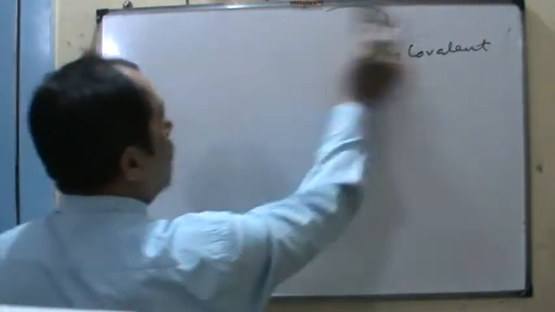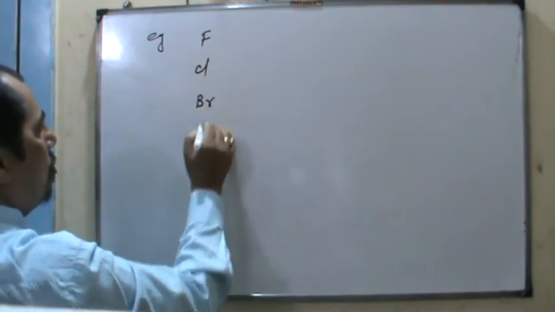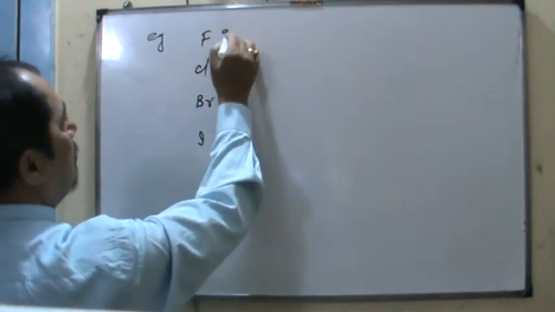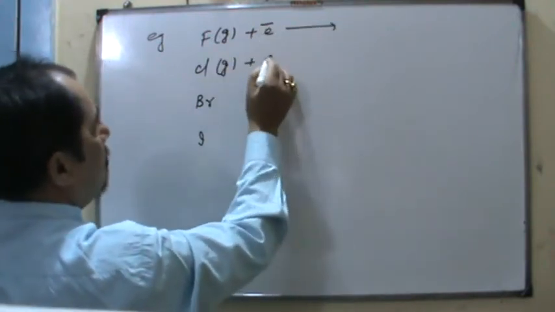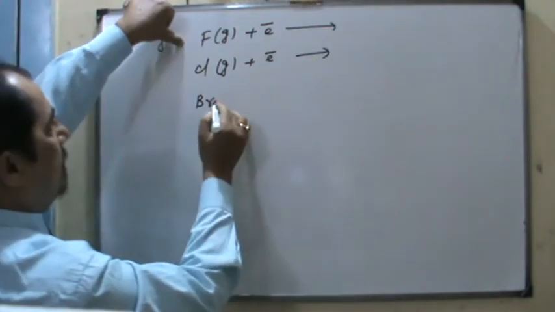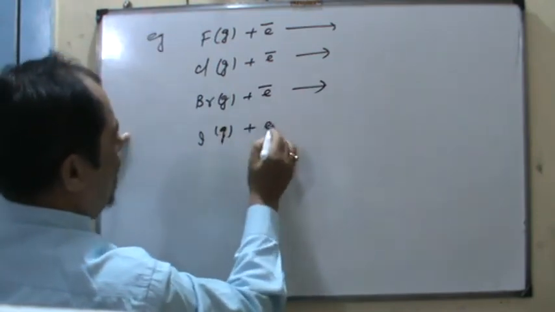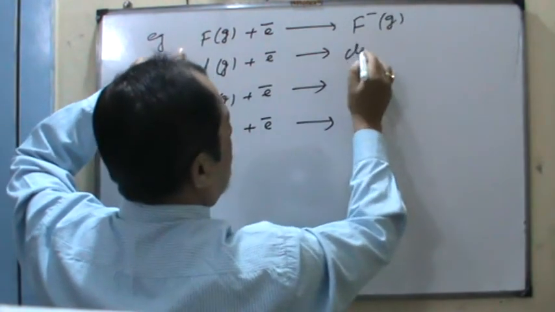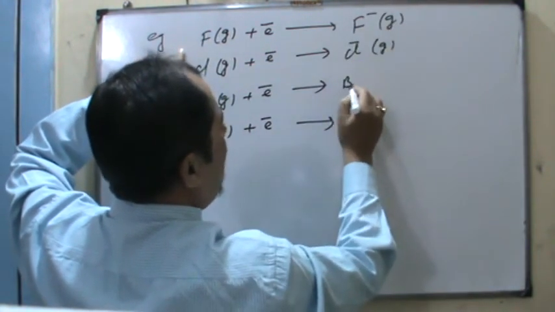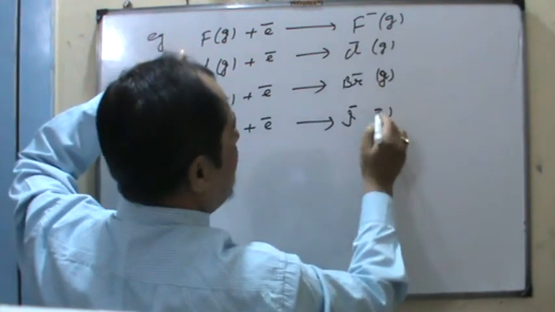So dear students, so far as electron affinity is concerned, I give you one example here: fluorine, chlorine, bromine, iodine. In the gaseous state, they will each gain 1 electron, becoming fluoride ion, chloride ion, bromide ion, and iodide ion in the gaseous state.